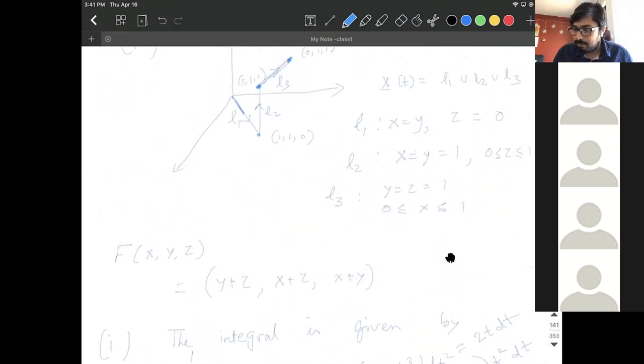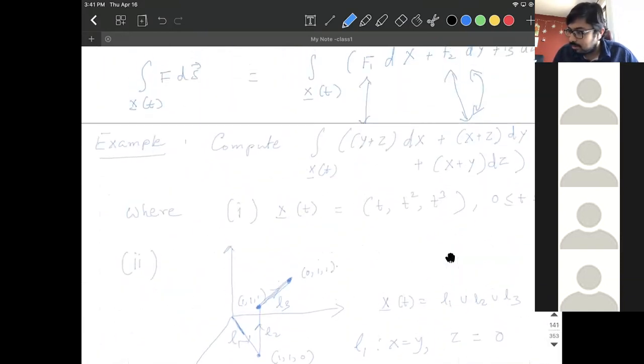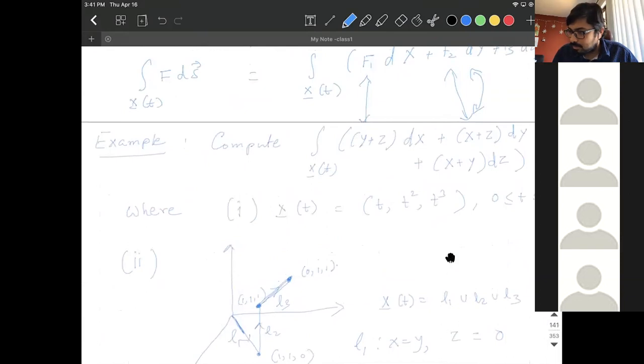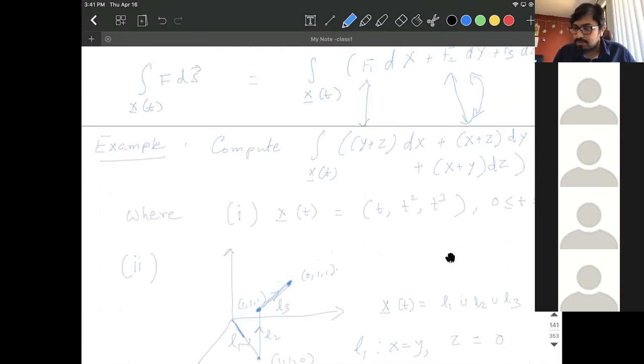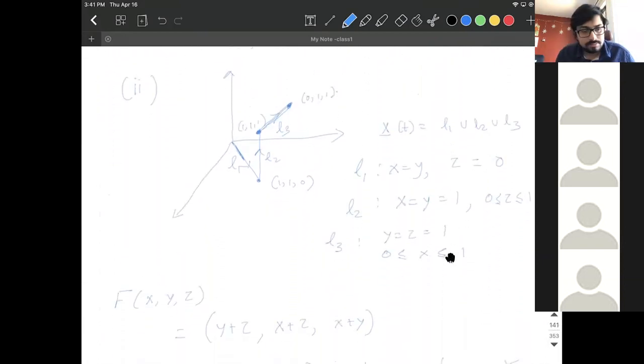If the parametric equation of the path is given, then it's fine. You are just given an easy integral, so you just need to do the dot products, etc. But sometimes paths can be a little bit more complicated like this. I mean, individually on L1, L2, and L3, they're simple, but then you have to keep track of what's going on.